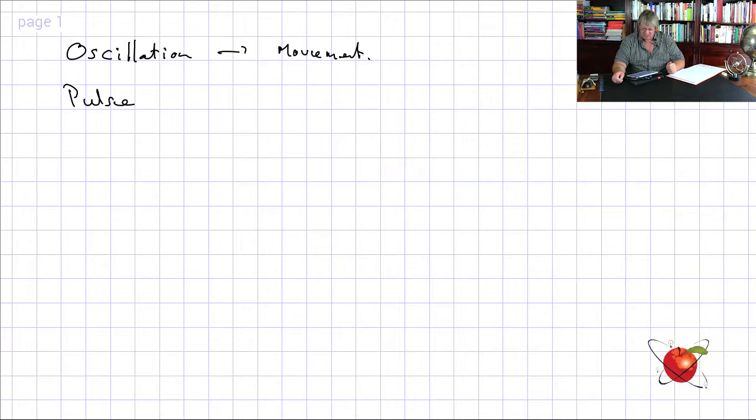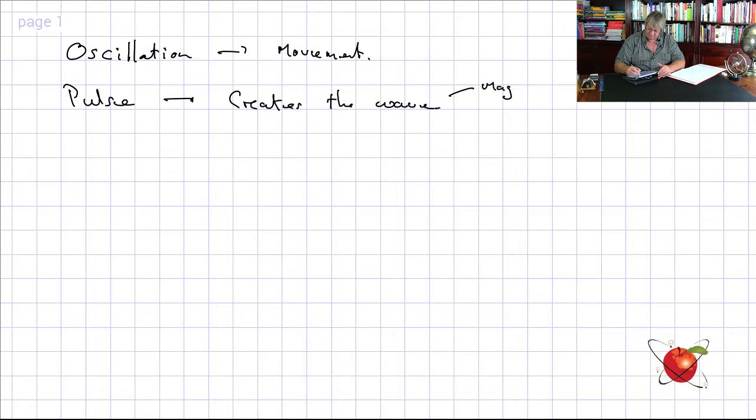It's a push or a pull usually, and it comes from an external force: hands, a magnet, or an electric field. So a pulse is something that creates the wave, and it can be a magnet or an electric field. Don't worry, we'll get into all these topics, what magnetic fields and electric fields are, but just for the moment, know that it can do that.